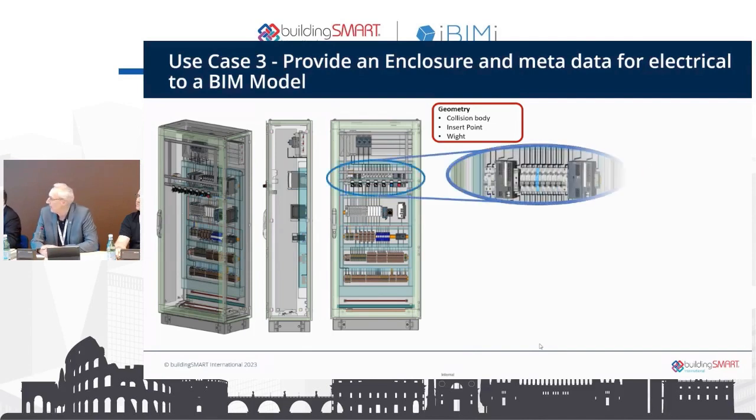And on the next step, we also have all information about the components in the switchboard or in the panel, with all the information about the manufacturer, with all the information about the load and so on.